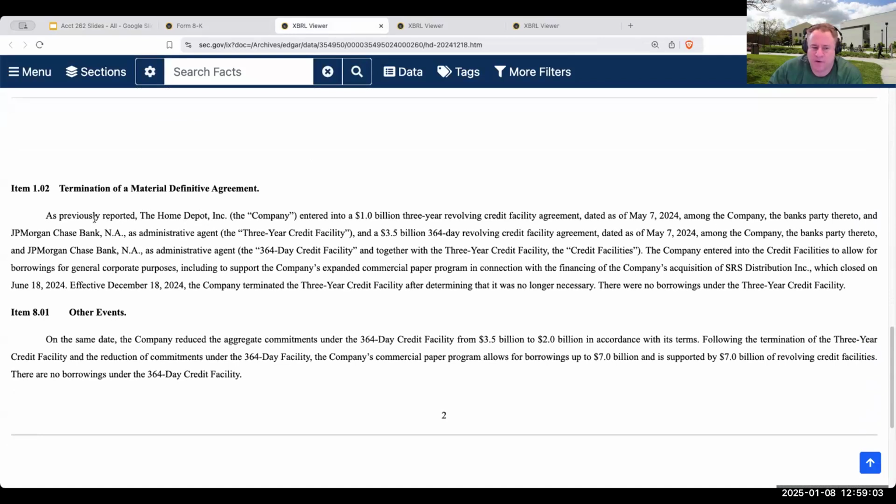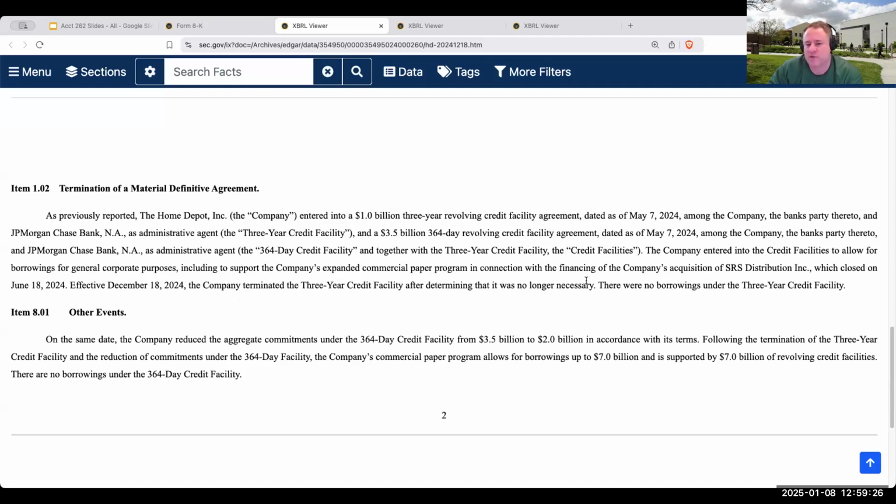So right over here, as previously reported, they entered into a $1 billion 3-year revolving credit agreement dated May 7th. And then right over here, the company entered into credit facilities, which closed in June. However, effective this date, the company terminated that 3-year credit facility after determining it was no longer necessary. There were no borrowings under it.